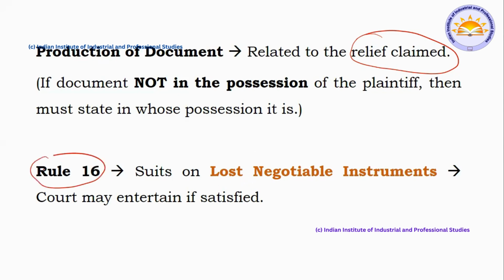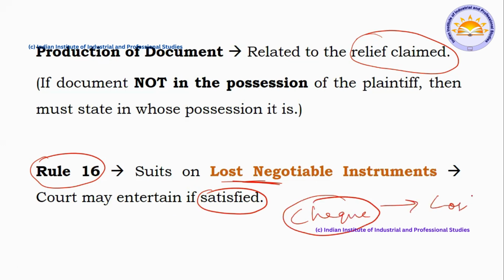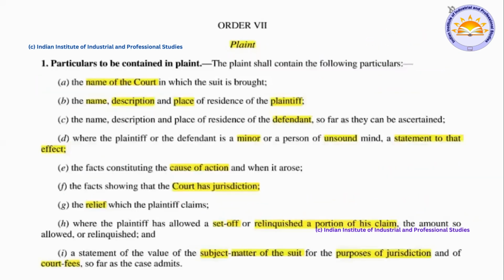If it is a negotiable instrument, the court has to be satisfied that such negotiable instrument is lost. For example, a check. They have issued a check and you have lost it, and you have to reclaim it. Then the court has to be satisfied. Who has to satisfy? The party has to satisfy. So rule 16 speaks about loss of negotiable instrument. So this is the explanation for your convenience.